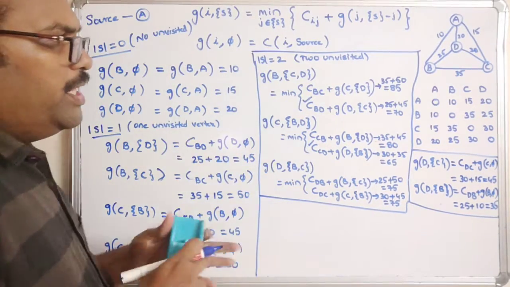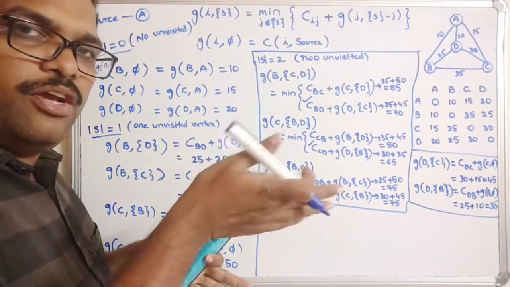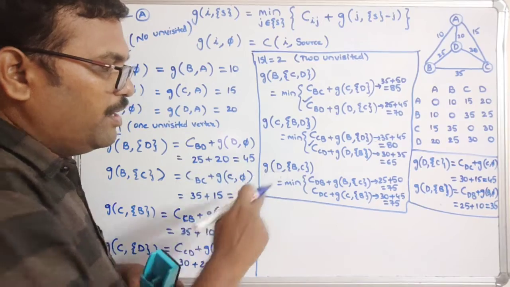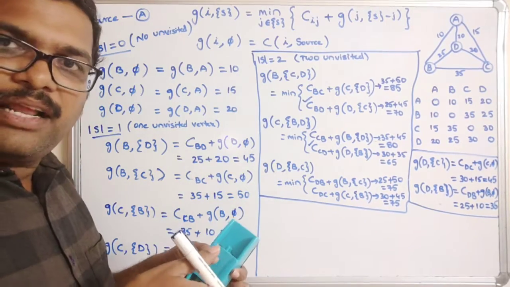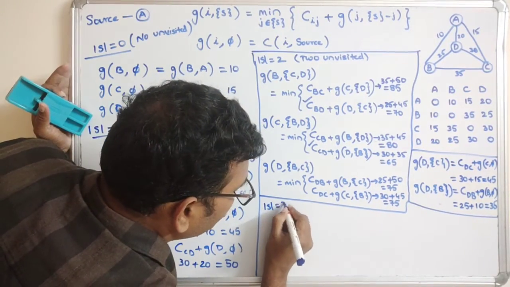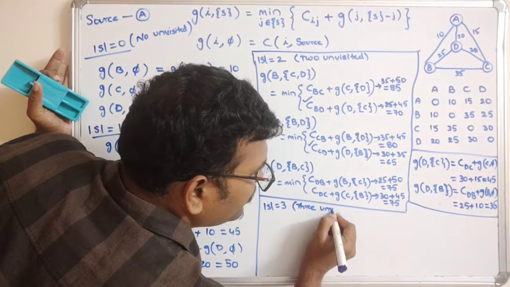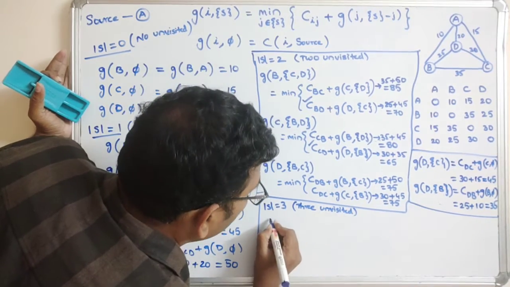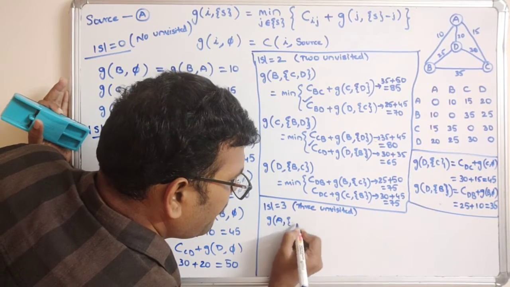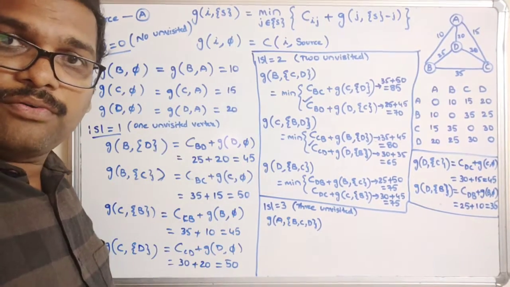So we have chosen only 3 possibilities, right? If the source is B, there can be an edge from B to C or B to D. If the source is C, there can be an edge between C to B or C to D. If the source is D, from D there can be an edge to B or C. Now, if the set contains 3 elements, that means 3 unvisited nodes, the nodes are B, C and D, because here we have only 4 nodes, right?